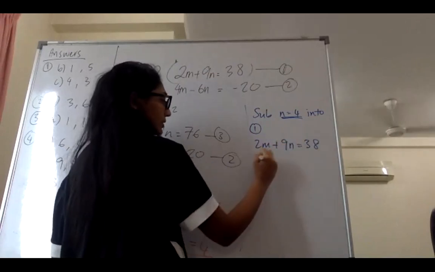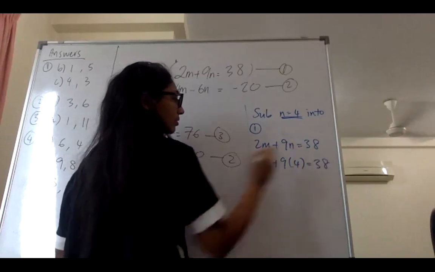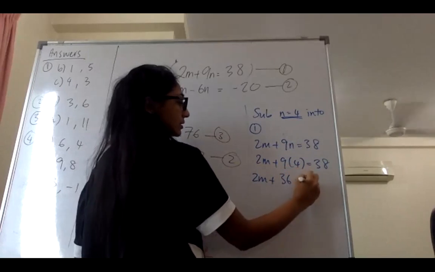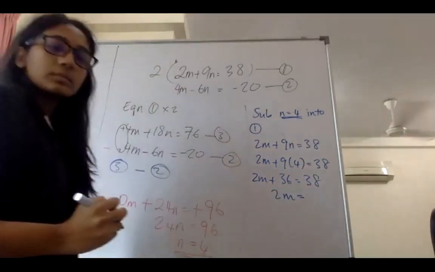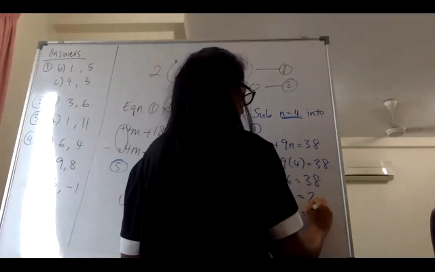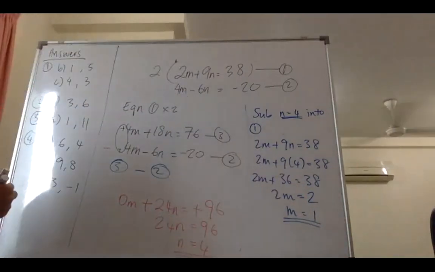So I put 4 into this. So 2m plus 36 equals 38. 2m is equal to 2. m is equal to 1, and n is equal to 4.